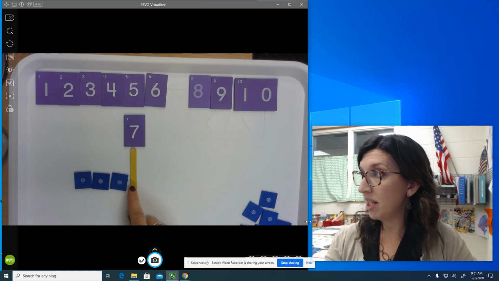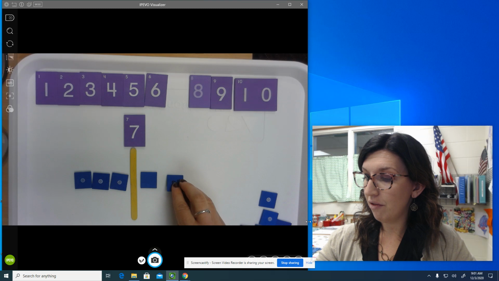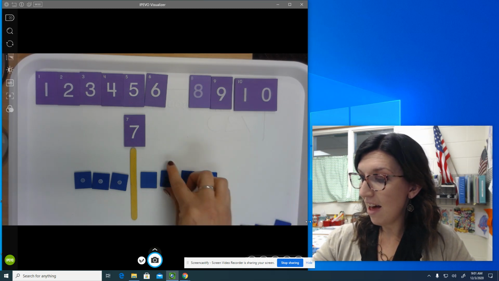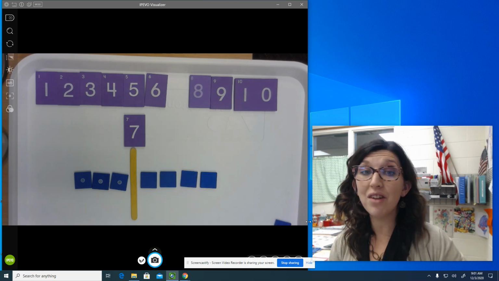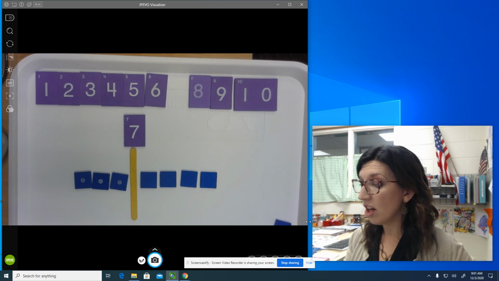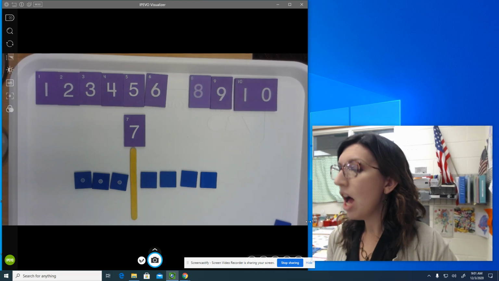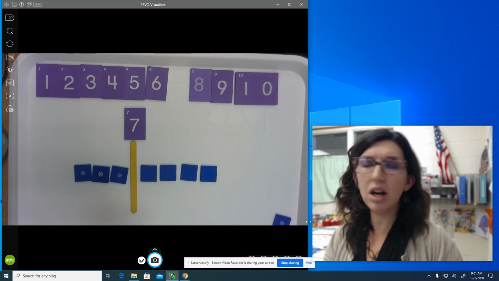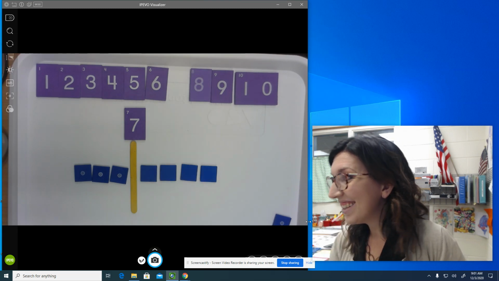Oh, but now I'm up to the 6, so I'm going to put the rest over here. 4, 5, 6, 7. Kindergarten friends, how many do I have altogether? 7. I have 7 altogether. But that doesn't tell me what my partners of 7 are. I'm looking for some friends who can show me what my partners of 7 are.